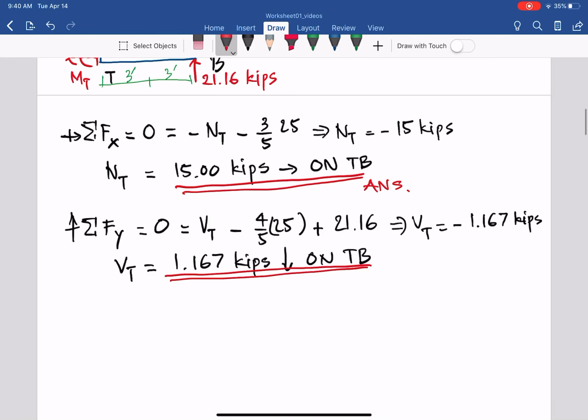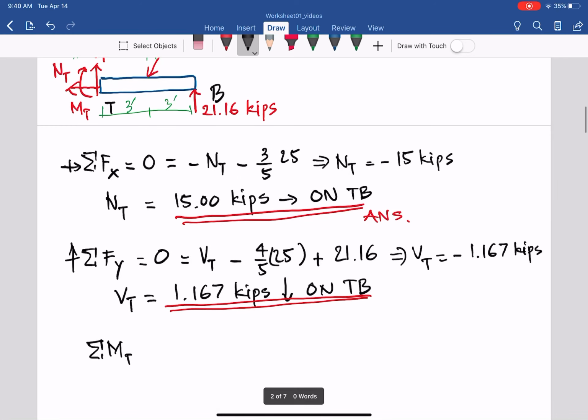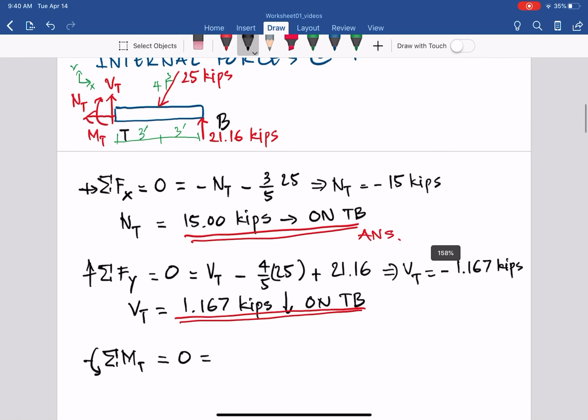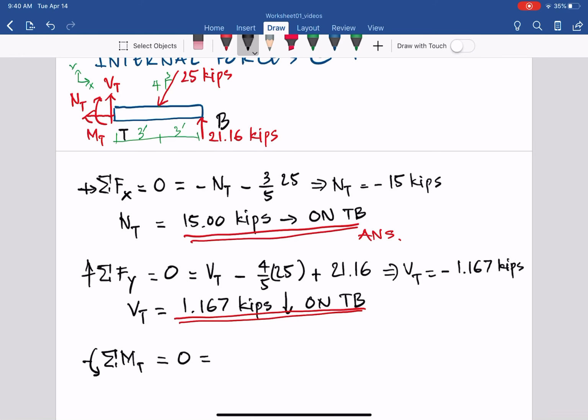And the last one, if we sum up all the moments about T and assume counterclockwise positive again, equal to 0. So from that, you see MT, I assume clockwise, so it will be negative MT based on my free body diagram.